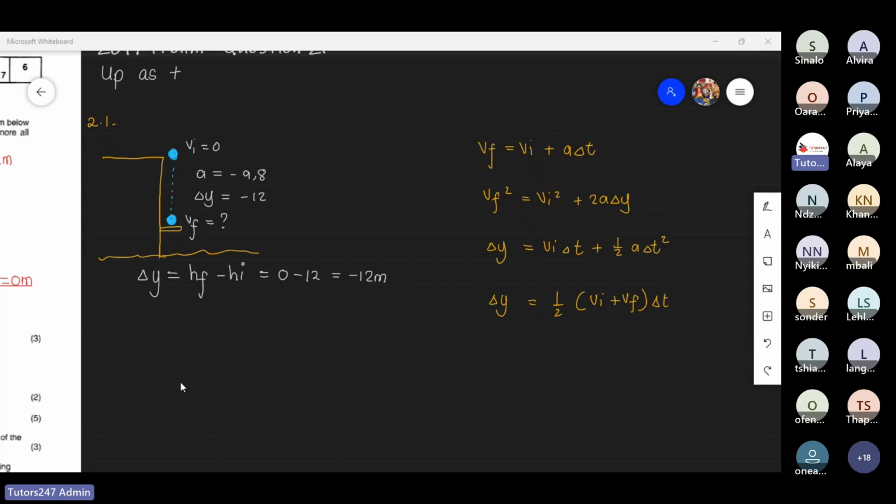Because you are calculating for final velocity, eliminate any formula that does not have final velocity in it. If we look at formula 1, 2 and 4, they have final velocity in them. It is only formula 3 that does not have final velocity in it.